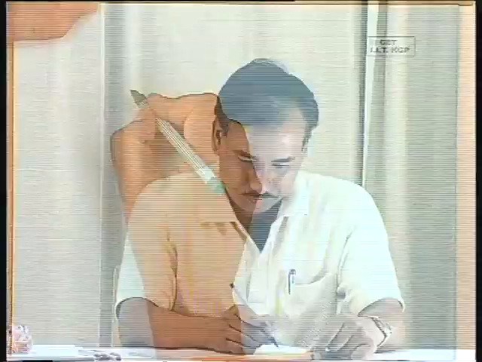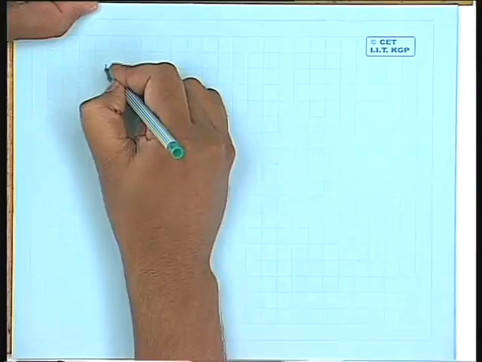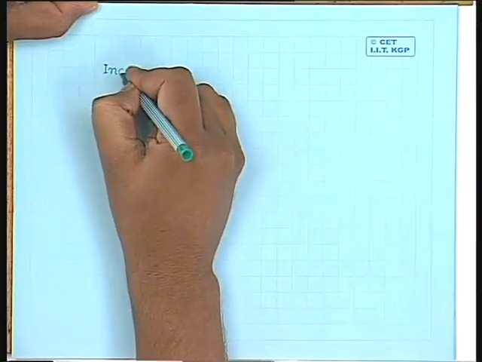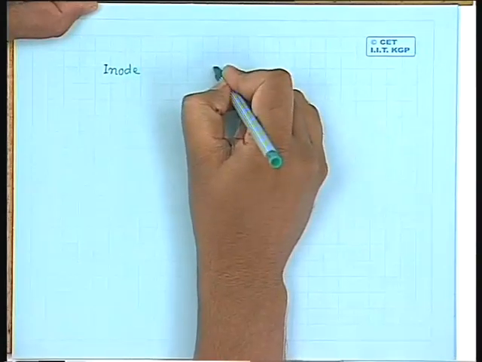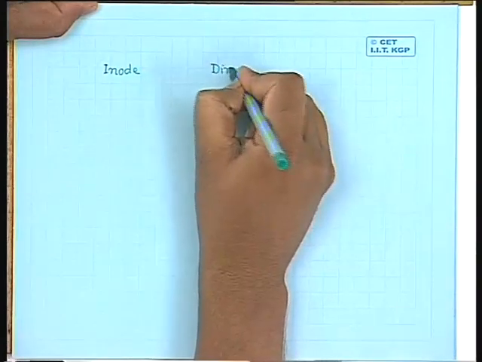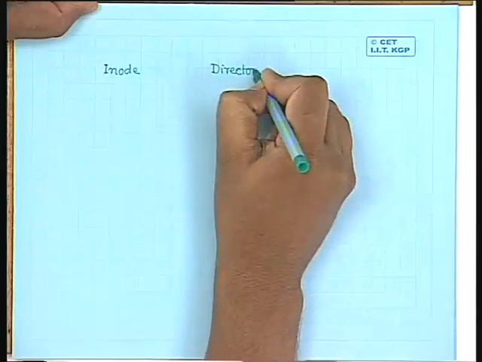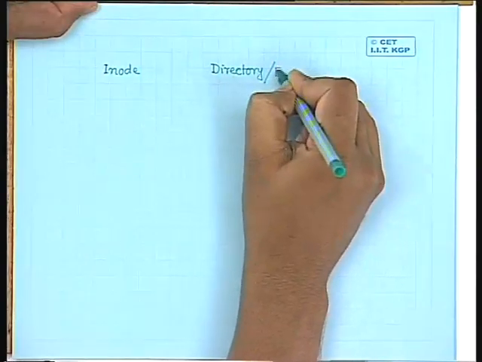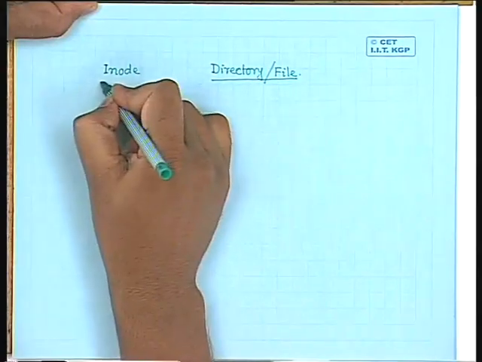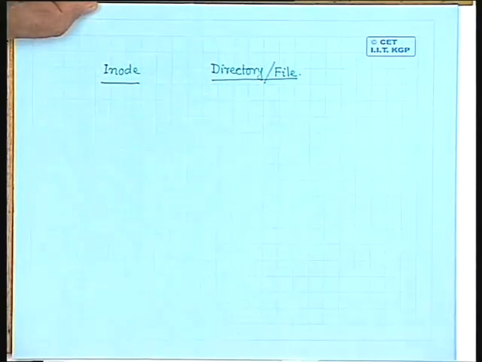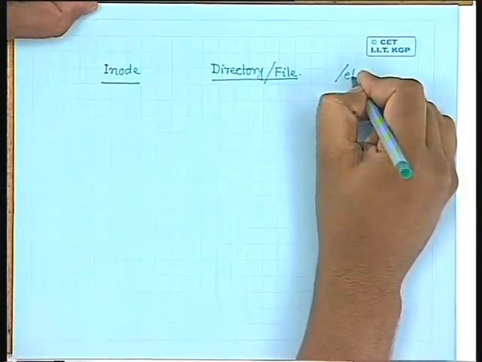So, if you open a directory just like a file, you will find that it contains two fields. One field is for inode and the other field is for directory or file. Suppose this is the directory of say /etc.